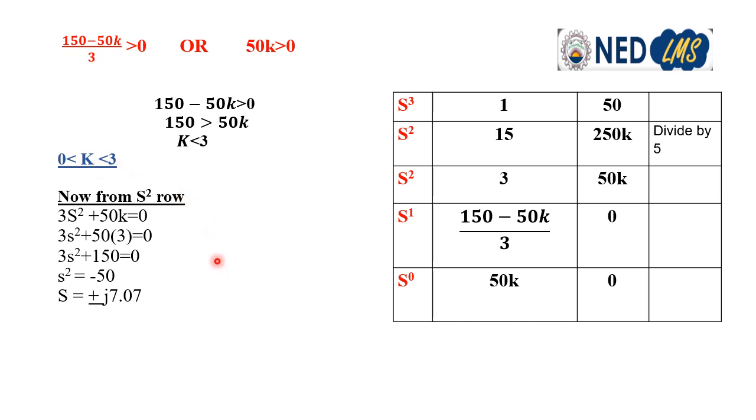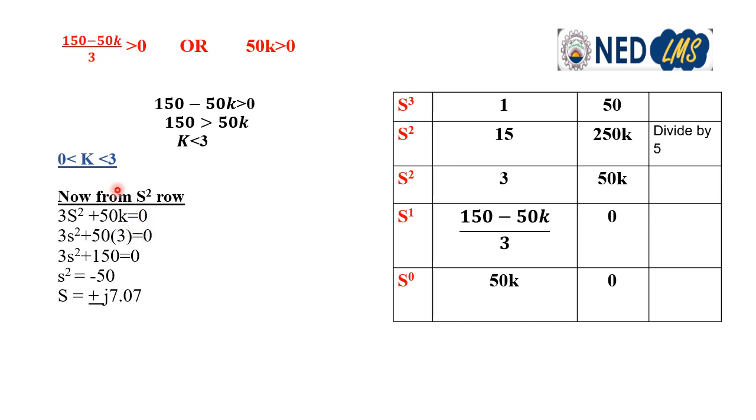Now to find the pure imaginary roots, we find the auxiliary equation from the s square row. The s square row has actually two pure imaginary roots. Always the even powers of s give us the imaginary roots. So we make the equation: the coefficient of s square is 3, so 3s square plus 50k equals 0.